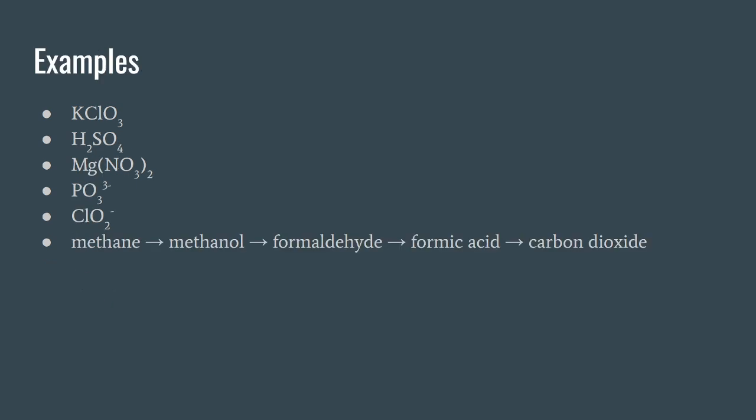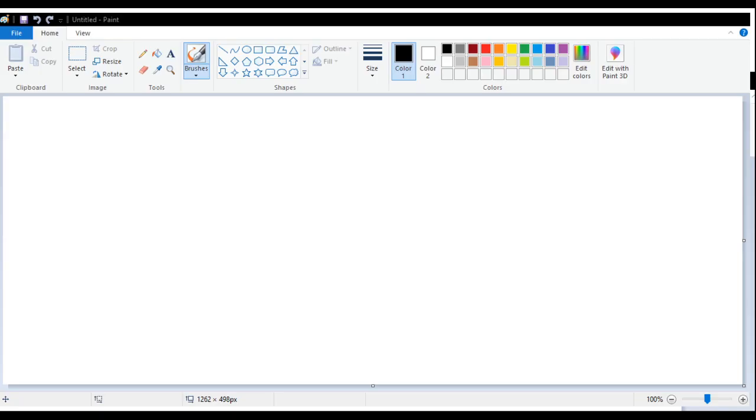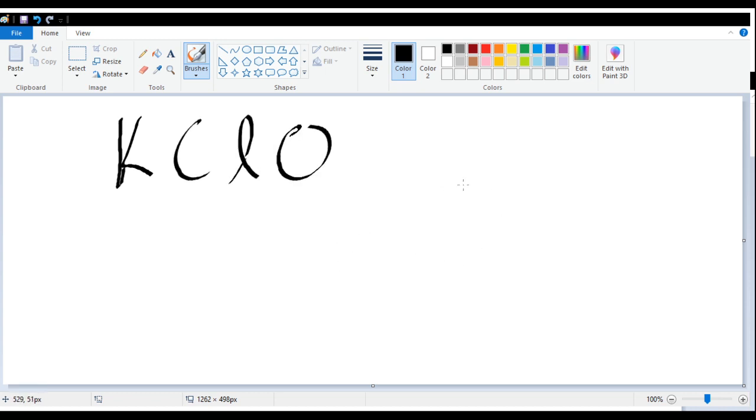So first up, potassium chlorate. So potassium chlorate. KClO3.